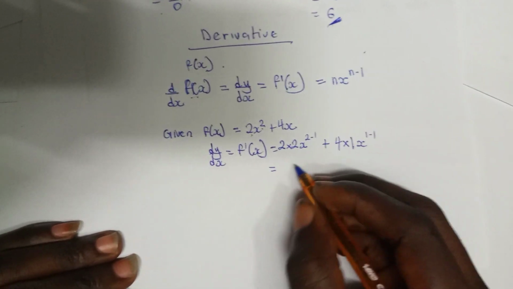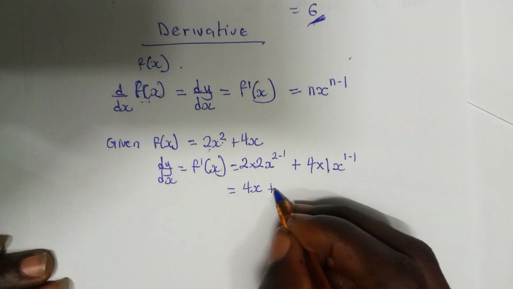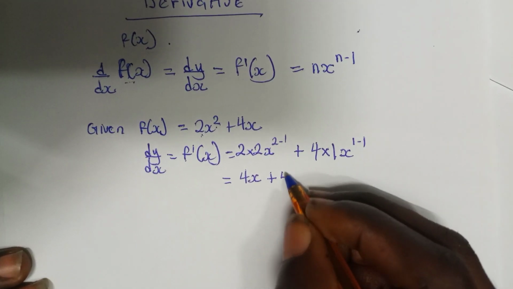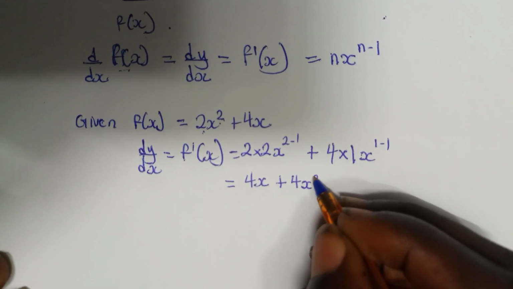So we are going to get 4x plus 4x exponent 0.